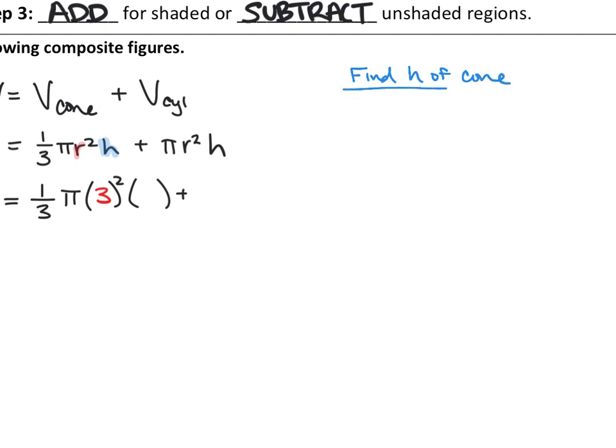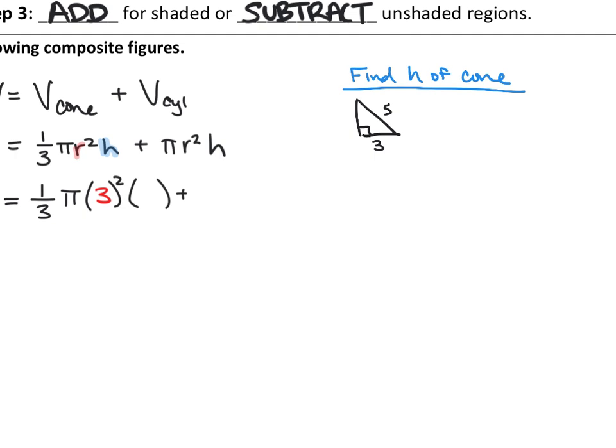To find the height of the cone, I notice that I have this triangle created with a 3 and a 5 right here. When we studied right triangles in particular, we learned about a theorem. It should be your favorite theorem, maybe a theorem you can say. What theorem did we learn about? Pythagorean theorem. We're going to use the Pythagorean theorem to find the missing side of this cone.